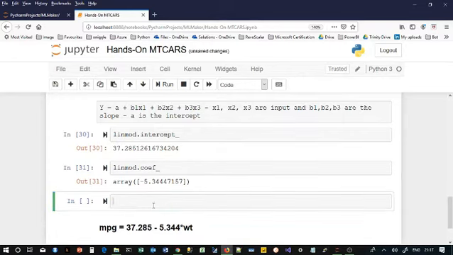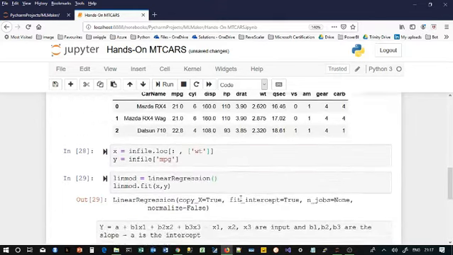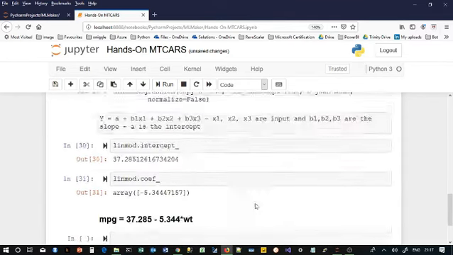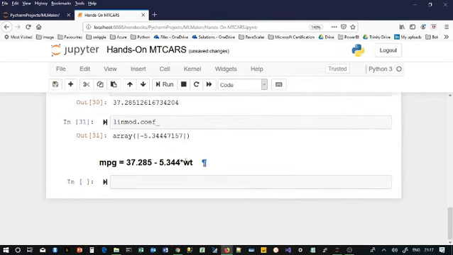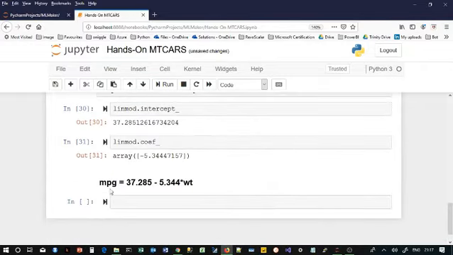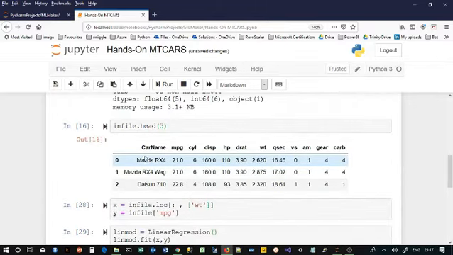Now, what I'm going to do is introduce this below. I'm going to use the weight field from my original input data, what you see here, and run it through the equation. When you run it through the equation, you will get miles per gallon for each of the cars.